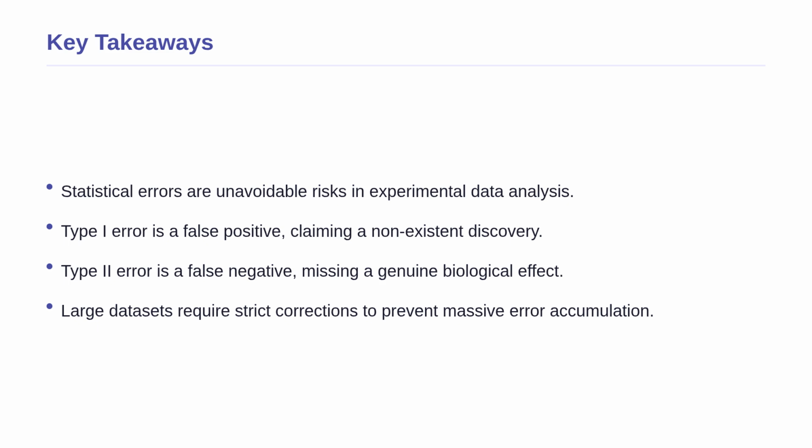Third, a type 2 error, measured by beta, is a false negative, where we miss a genuine biological discovery. Finally, as we saw with the multiple testing problem, large-scale computational biology requires careful experimental design and statistical power to minimize these errors. You now have the foundation to deeply trust and evaluate computational biology results.